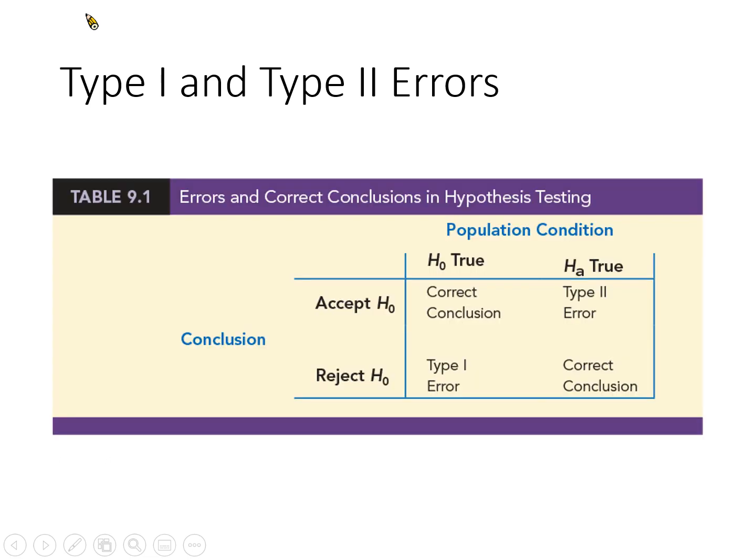Now let's look at this table. In the population condition, you create the null hypothesis and the alternative hypothesis. When the null hypothesis is true, and based on your experiment or research analysis you also accept the null hypothesis, then both results match, so we say it's a correct conclusion.